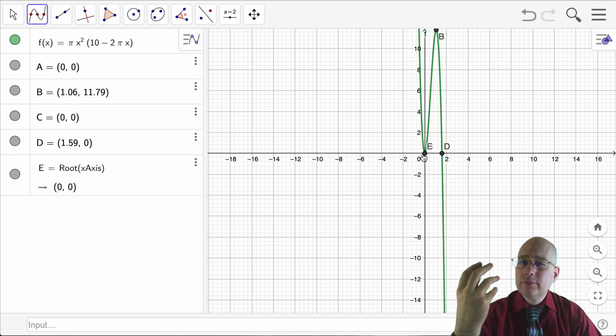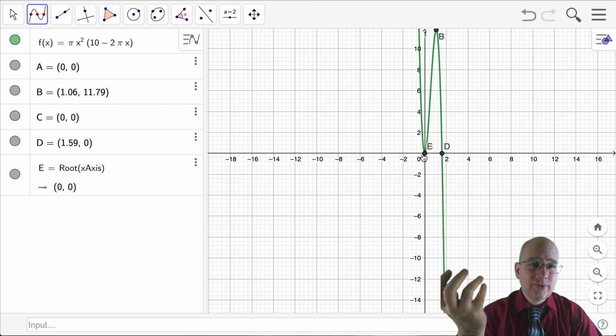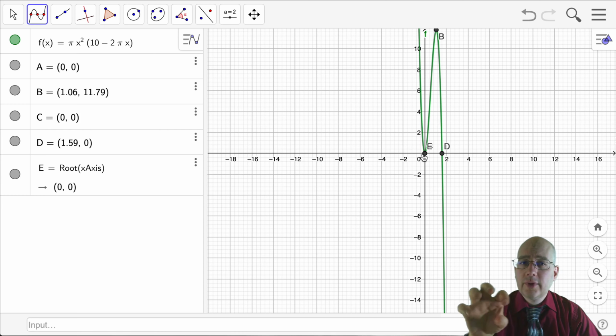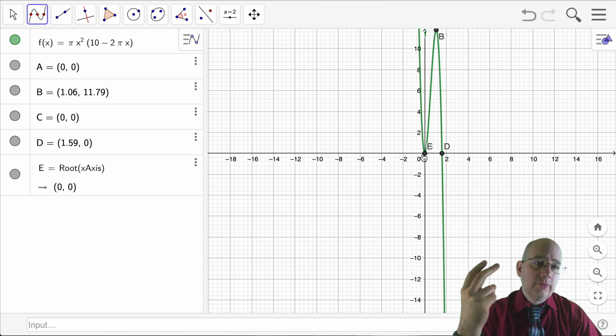To find it more algorithmically, we would use calculus, which would produce this other function called the derivative, and the zeros of that function would be where the maxes and mins are. That function would be a polynomial of 1 degree less. Here we have a cubic, so the derivative would be a quadratic, so that would have 2 roots, and that corresponds to the 2 max and min points that we have.